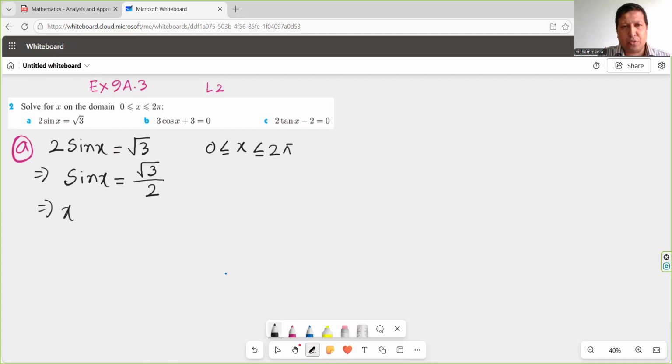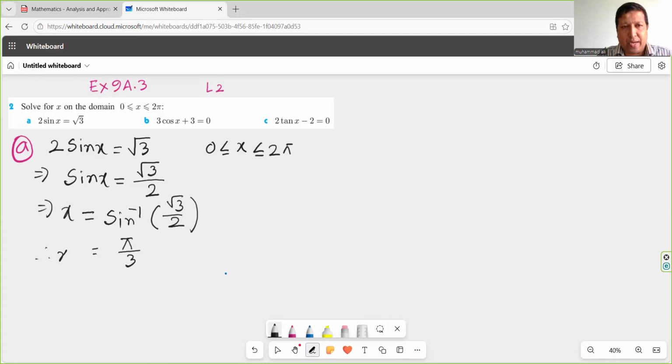Then x equals sin inverse root 3 by 2. So convert your calculator to radian mode. If we find sin inverse root 3 by 2, it will be pi by 3.